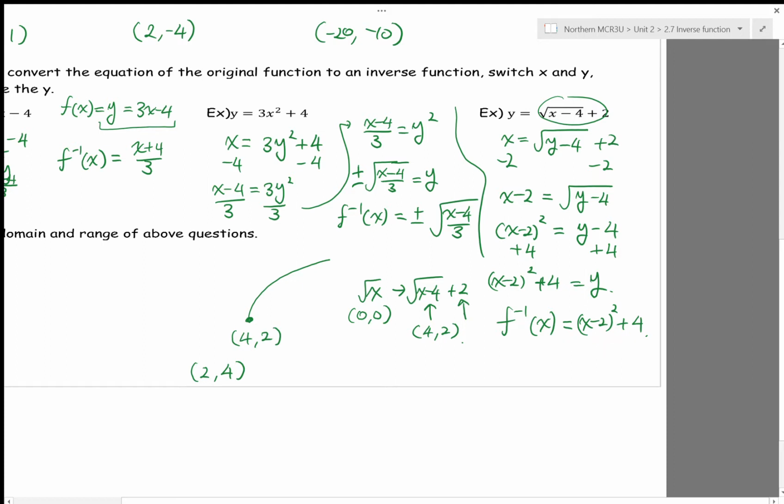Now then you're going to ask me, how am I supposed to know whether this is the right side or the left side? Well, if you think of it, it's the y equals x line that it actually rotates around. So if you take a look at it, it actually then changes. So be really careful with those.